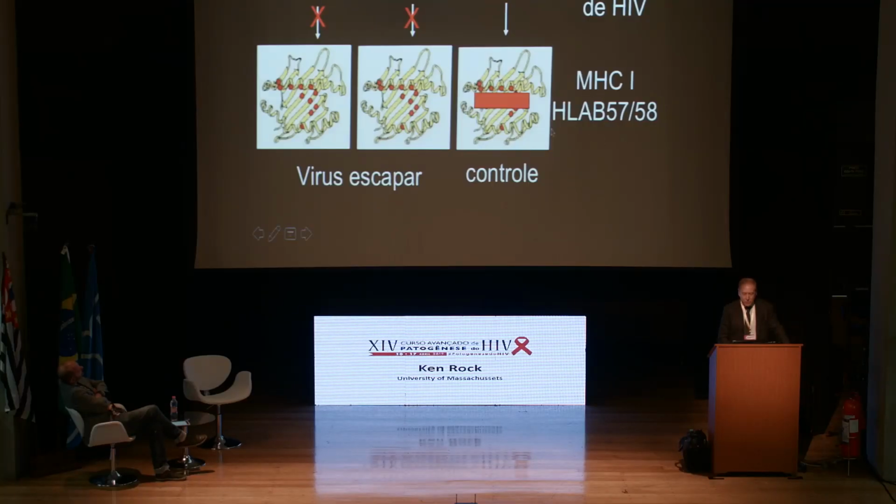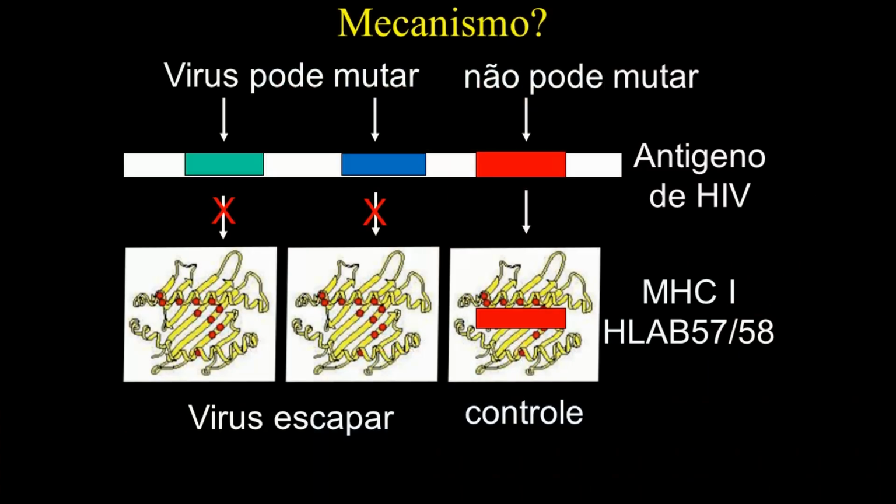But it seems that there are epitopes present in the capsid protein that if it mutates, the virus becomes less fit. And so it's difficult for the virus to change this, because if it does, it's compromised. And so the elite controllers that have particular HLA alleles, HLA-B57, can bind and display this, and it's hard for the virus to escape this, okay?